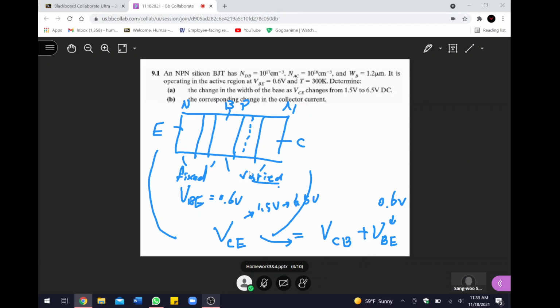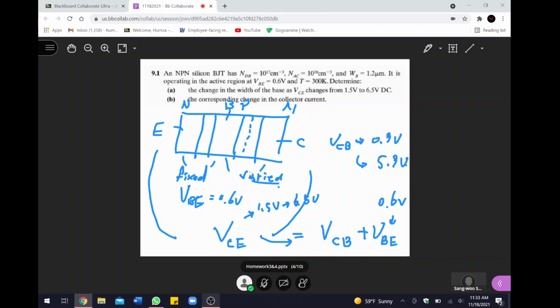So the collector-base voltage is going to be changed from 0.9 volt to 5.9 volt.